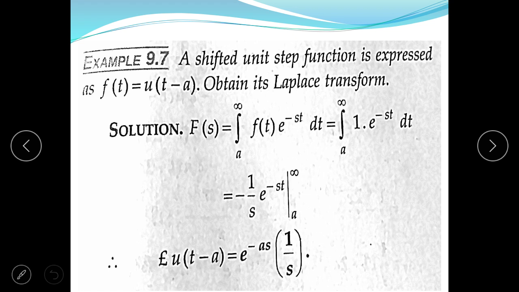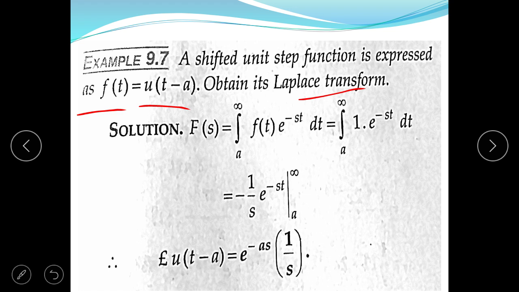Now, in the given question, a shifted unit step function is expressed as f(t) is equal to u(t minus a). Then obtain its Laplace transform. u(t minus a) is a unit step function, so we apply the second shift theorem.